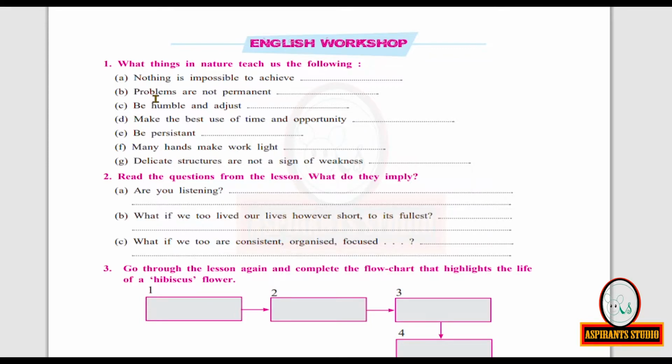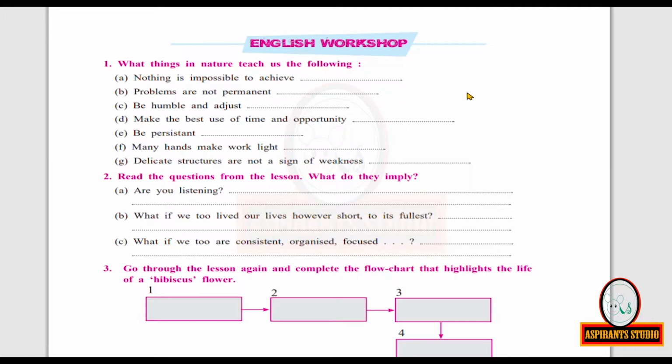Nothing is impossible to achieve. Problems are not permanent. Be humble and adjust. Make the best use of time and opportunity. Be persistent. Many hands make work light. Delicate structures are not a sign of weakness.